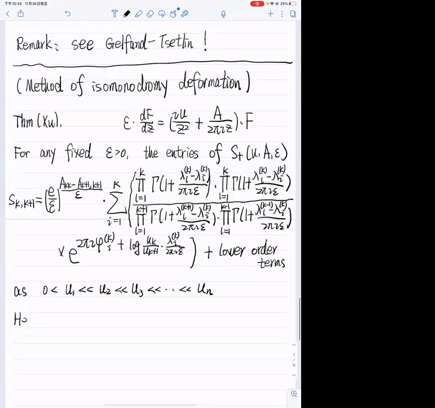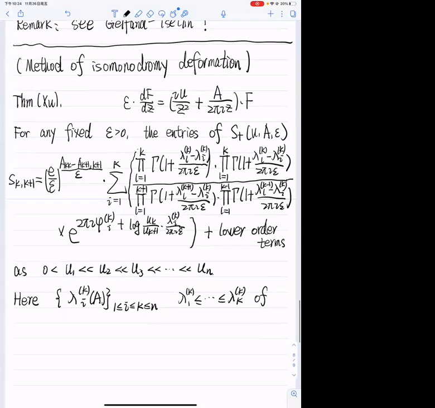Here the notation I used, like this lambda_ki, which is a function of A, are eigenvalues of A. So these are our ordered eigenvalues of the upper left principal k by k submatrix of A. I think Anton used to take the right bottom, right?